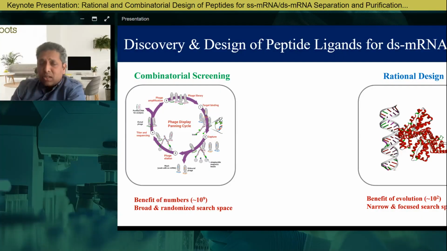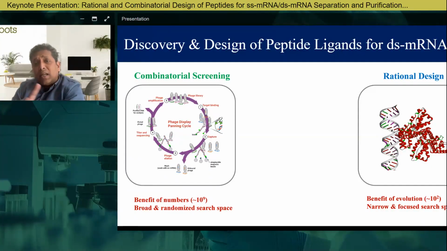For the sake of this talk, we're going to focus on phage display, which has a diversity of 10 to the 9. So a really large space of both sequence and composition. The advantage here is that you have a very broad and randomized search space. You're not introducing any biases up front. You're truly looking at a random library.